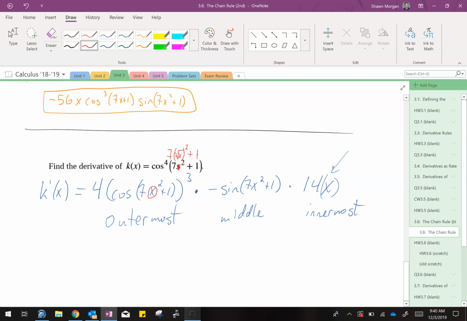Then all of these would be cube root of x, and we would need to take that into account. Here at the end, you would need to go one step further, times the derivative of the cube root of x. So you would keep going until you got it down to just plain old x.